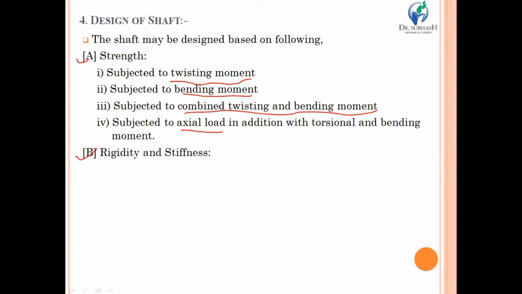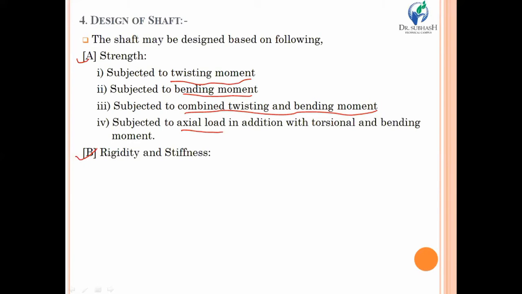So if you are designing a shaft based on strength, you have four criteria to design. One is you may design your shaft based on purely twisting moment, or based on purely bending moment. Suppose you find that the shaft is having multi-loading actions, that means your shaft may be subjected to bending and twisting moments.